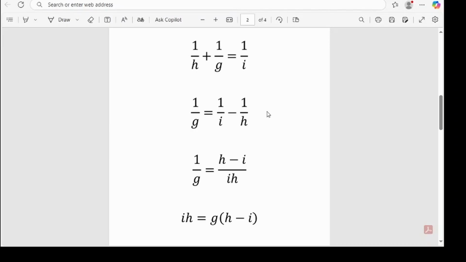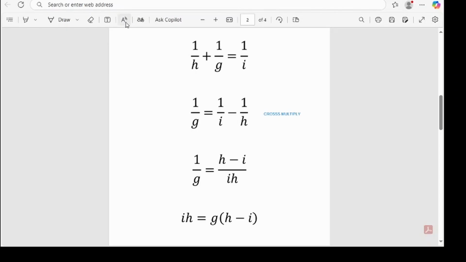So in simplifying it, you would have to cross multiply, right? So in cross multiplying, you pick h, okay? And you multiply it by 1 here.